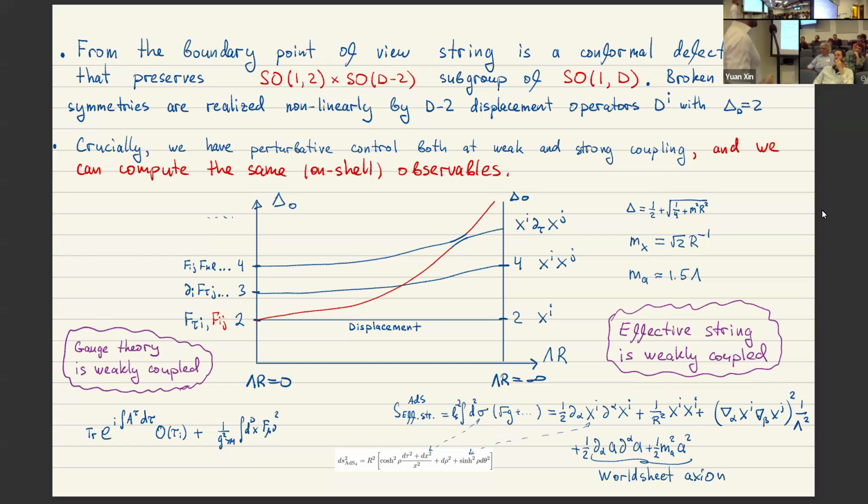Okay, and now crucially, over this defect, we have perturbative control, both at weak and strong coupling, and we can compute the same observables. The reason is that we have the Goldstone boson that lives on the world sheet of the string, or in this defect language, a displacement operator, which has protected dimension, okay? So it has dimension 2. At weak coupling, it's identified with insertion of field strengths into my Wilson line.